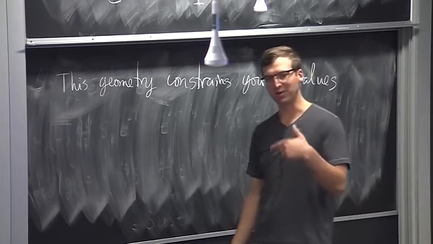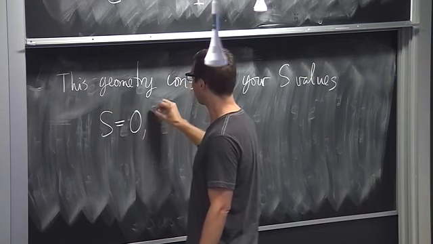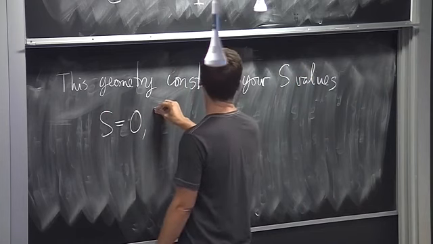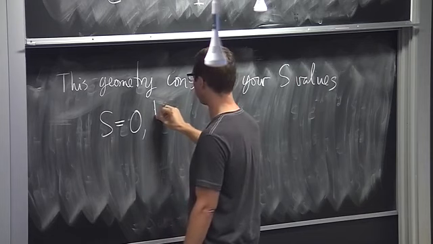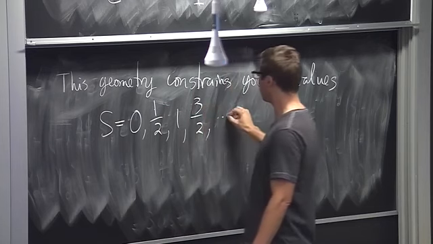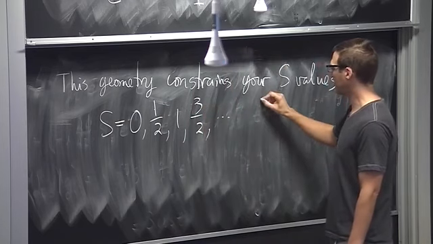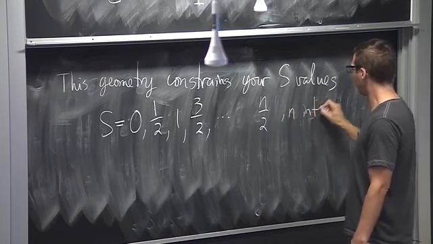So S, which is the maximal eigenvalue of the SZ operator, has to be 0, 1/2, 1, 3/2, and so on. So it's n/2, with n an integer.